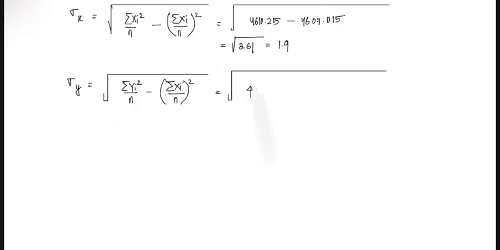The value we got after calculation is which is 9 point.